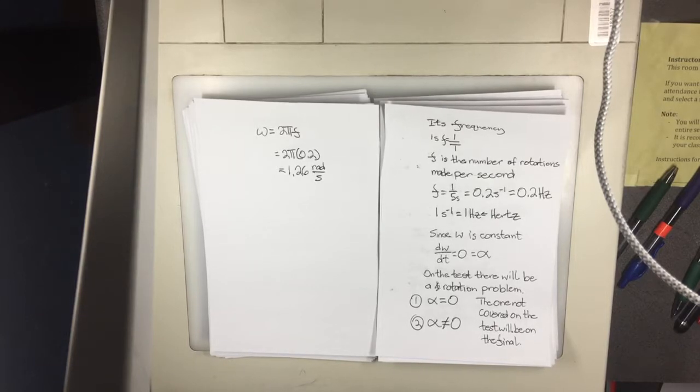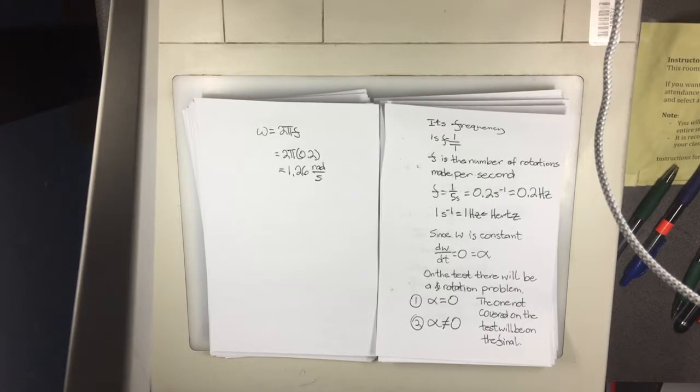When I first started studying physics, I was like, how am I supposed to remember omega equals 2 pi f? Well, ask yourself a few basic questions. How many radians are in a circle? 2 pi. If you have a frequency of 1, you're making 1 rotation every second, which means you're making 2 pi radians every second.